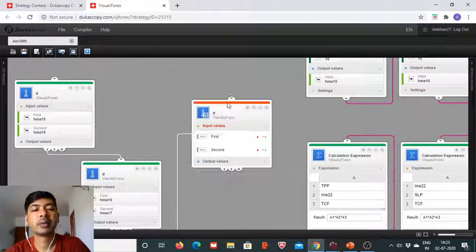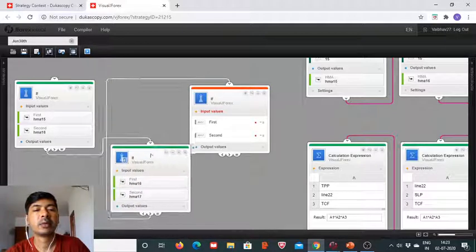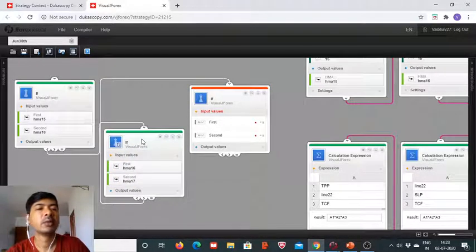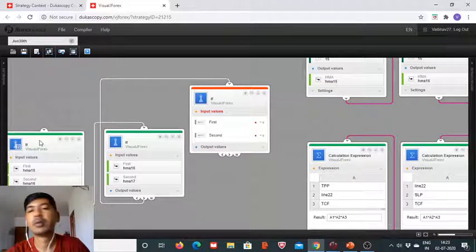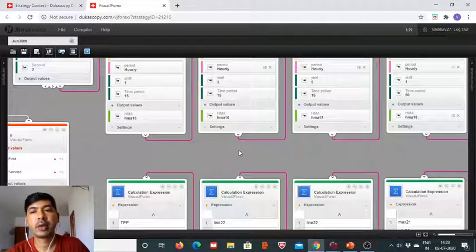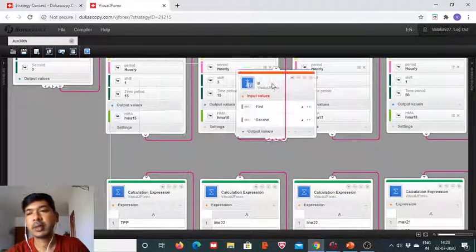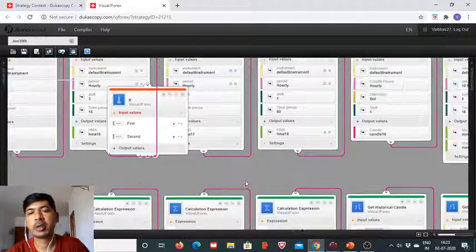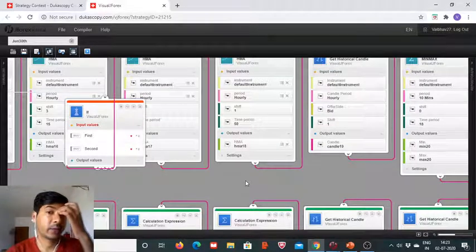And we have to move on to now HMA 18, which is defined on the hourly time frame for 50 hours.